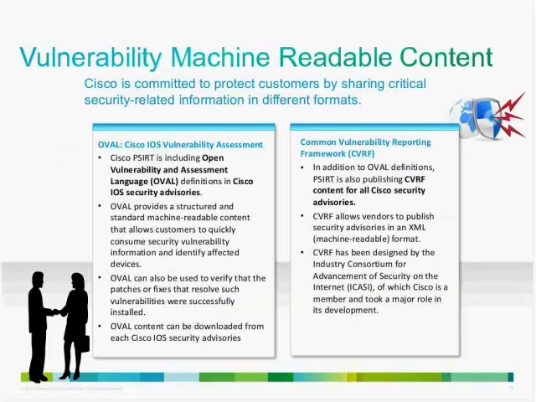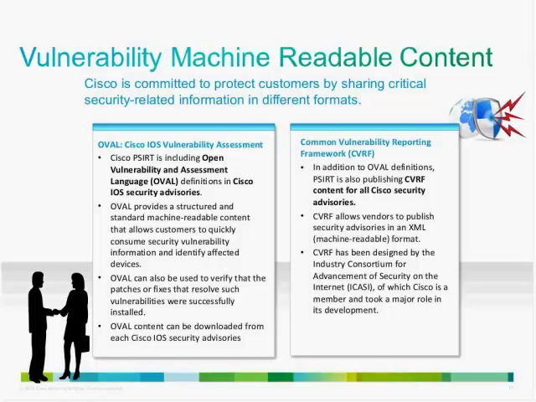Now, Cisco is always committed to protecting customers by sharing all this critical security-related information in many, many different formats. What we started recently is the adoption of two more mature standards that we have right now in the industry.